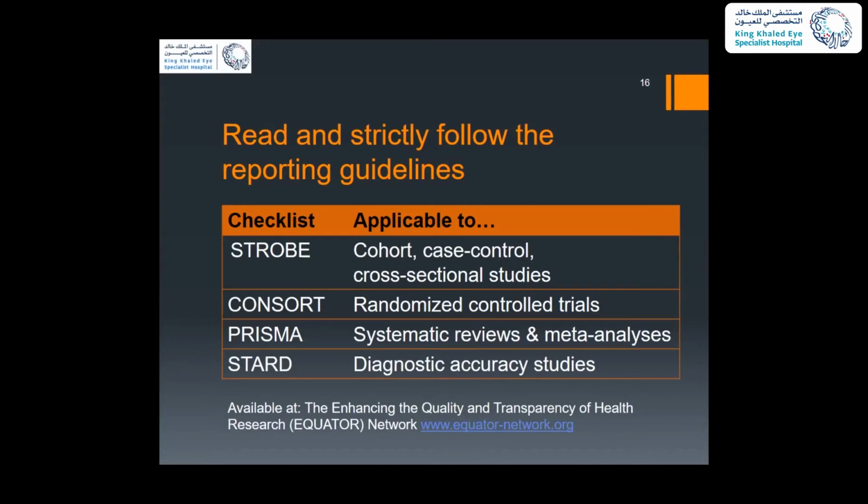CONSORT for randomized trials, PRISMA for systematic reviews. And the aim of all these guidelines is to make the reporting of studies very transparent. So if somebody reads these guidelines, he or she can really improve their chances of acceptance in good journals.